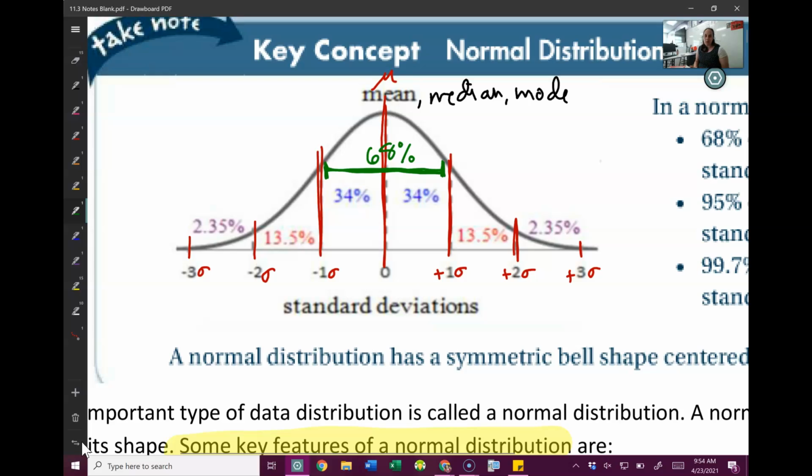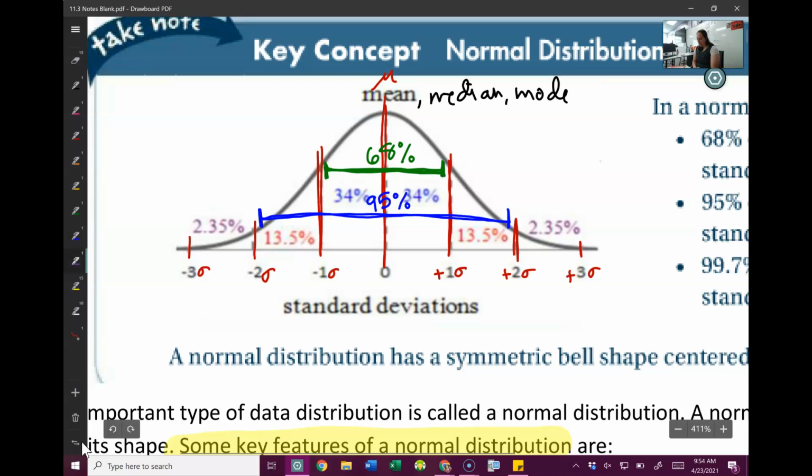So if you're less than 1 standard deviation from the mean, that's pretty average. It's pretty normal. If we go 2 standard deviations from the mean, that's going to hold 95% of my data. And it's holding more because I'm going more standard deviations away. I'm including more of the data. So I've now got this 95% going.